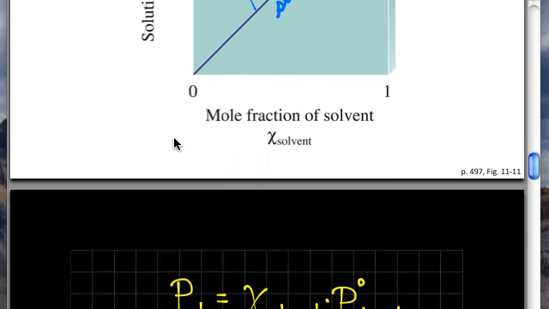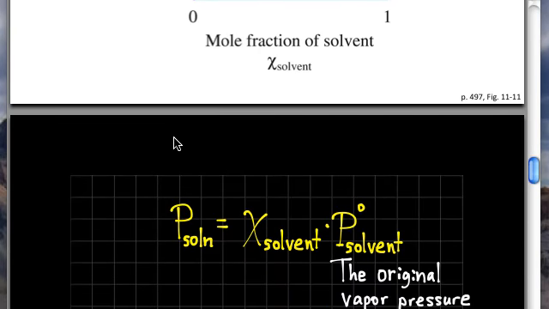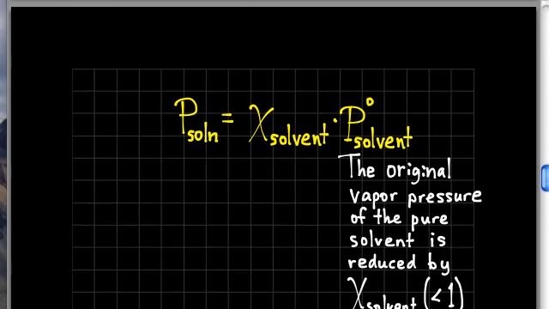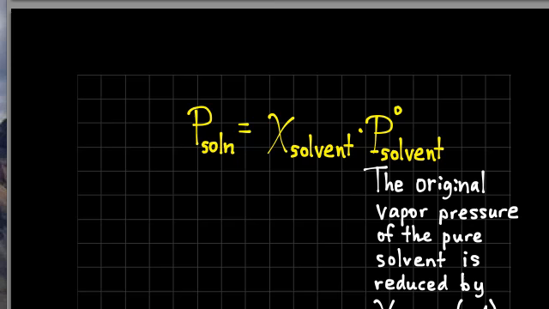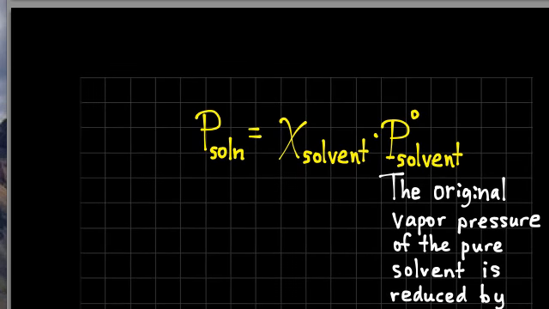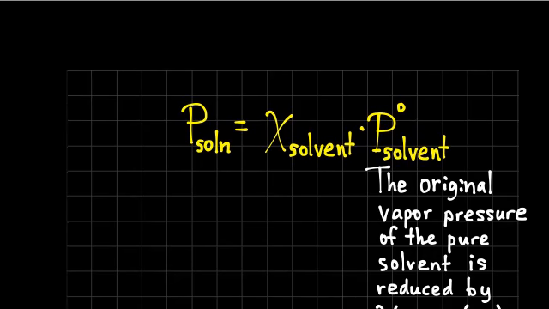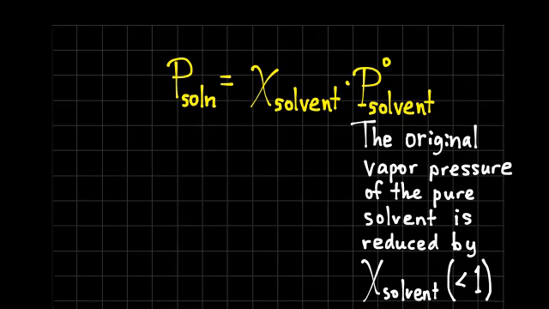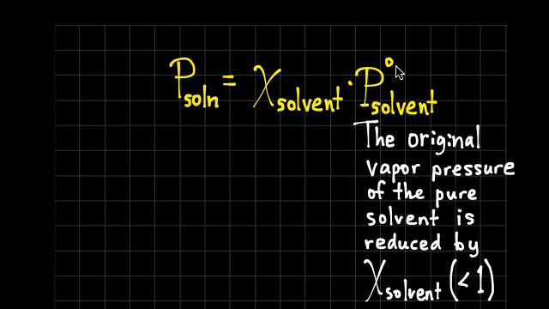And we can word that like this, mathematically. And it's called Raoult's law. It says that the vapor pressure above a solution is equal to the original vapor pressure of the solvent times the mole fraction of that solvent.